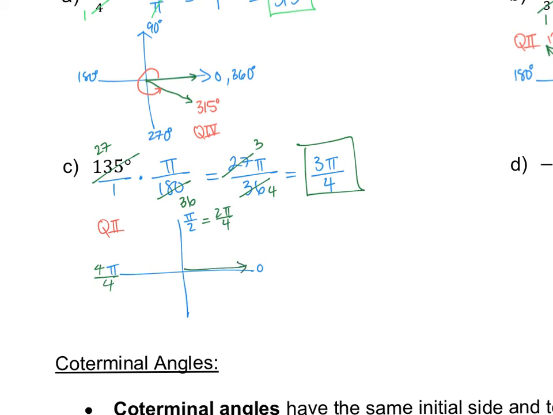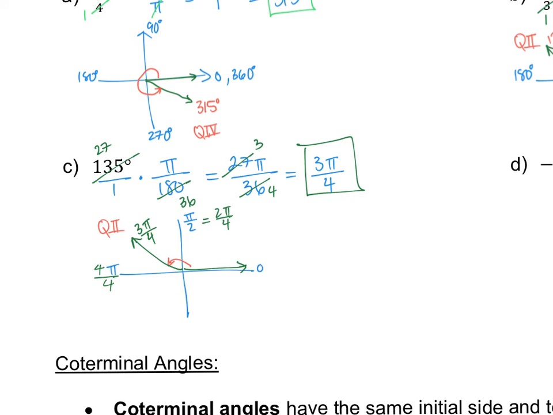So my initial angle starts at 0, and then I'm going to swing over to the second quadrant, and this here would be where my 3 pi over 4 would lie. So remember that your angle shouldn't be more than where it hits.